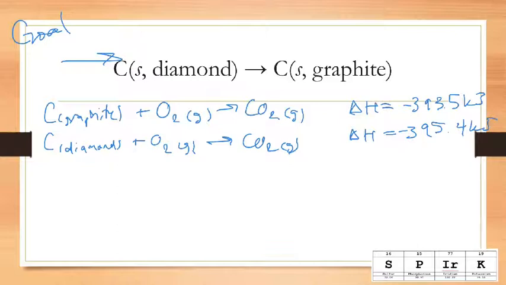Let's say now our first equation is CO2 yields carbon graphite plus O2. Now, since we inverted our equation, we need to multiply our delta H by negative 1.